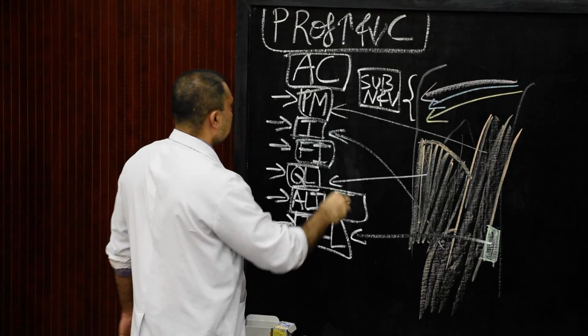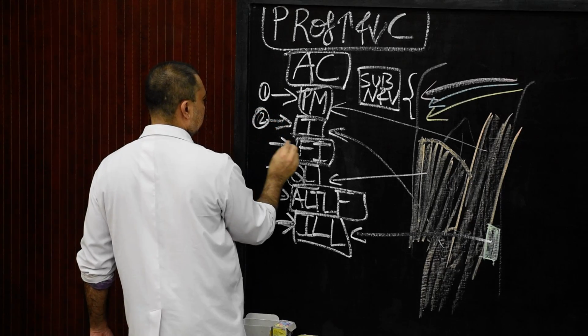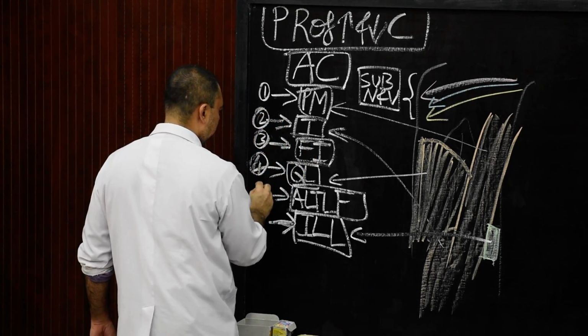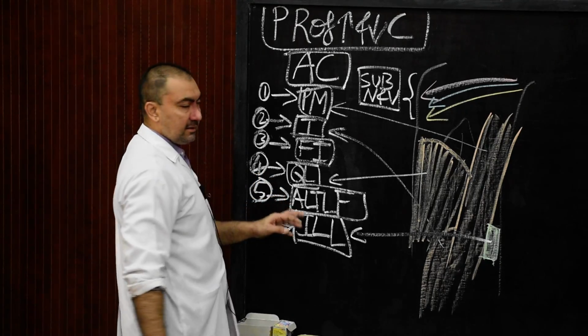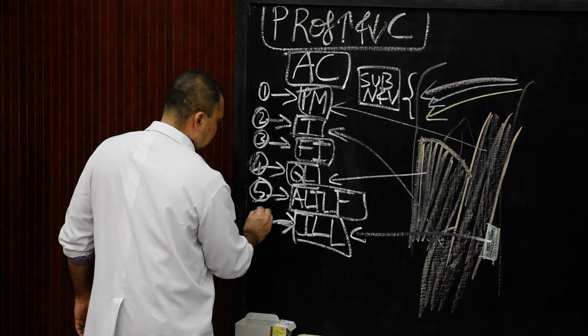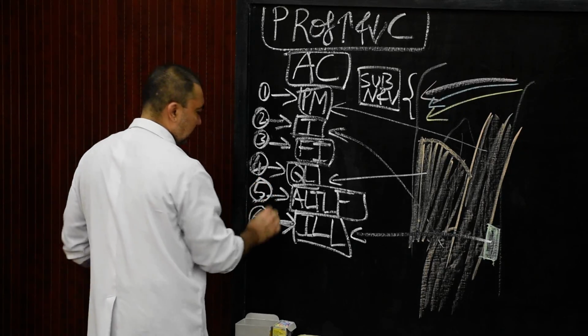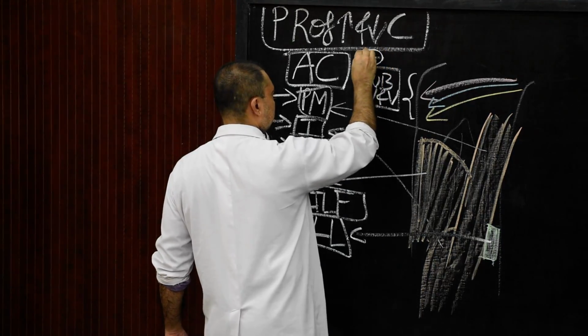Let us give the numbers. This was the first number, psoas major. Second number, iliacus. Third number, fascia iliaca. Fourth number, quadratus lumborum. Fifth number, the anterior layer of thoracolumbar fascia. Sixth number, the right side iliolumbar ligament. Seventh number, subcostal nerves and vessels.